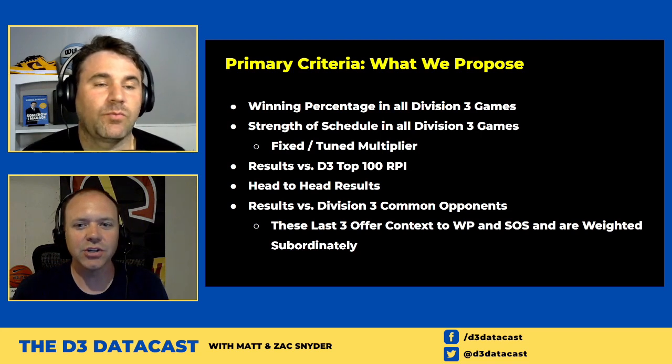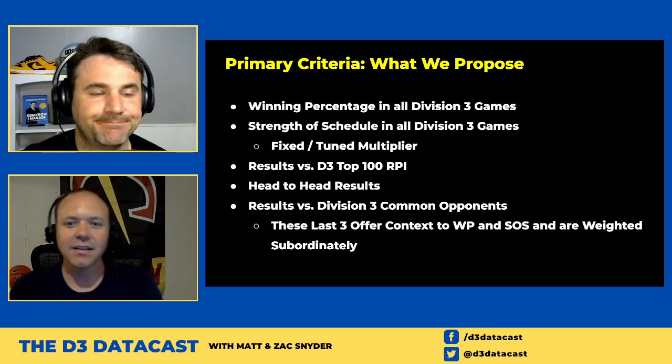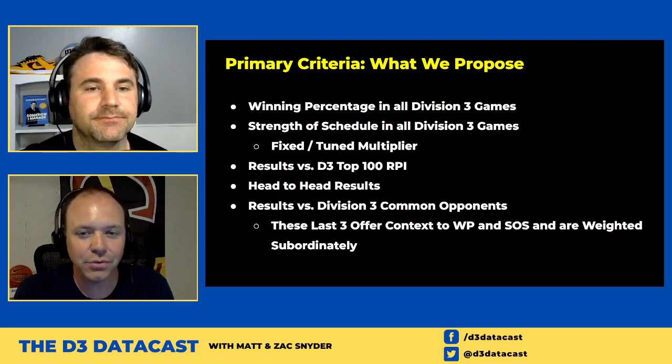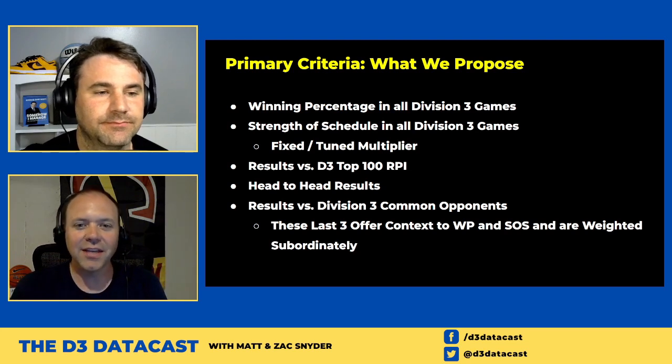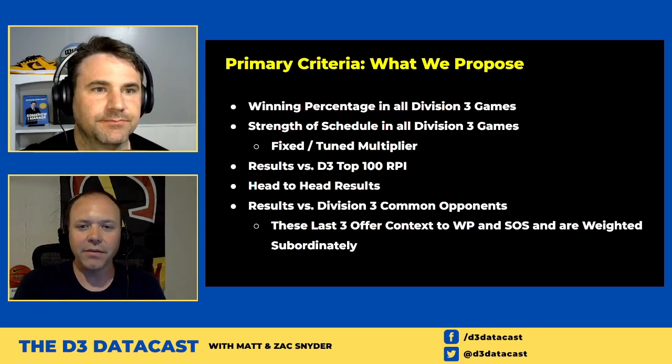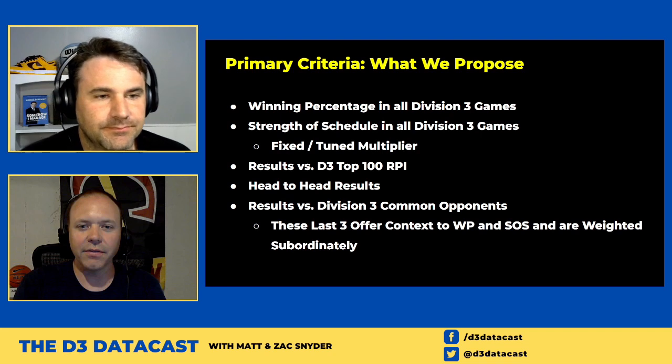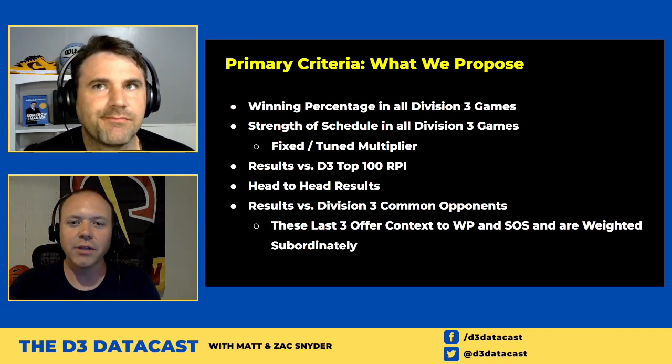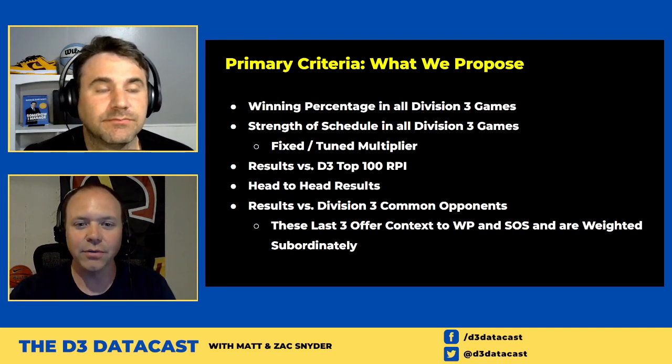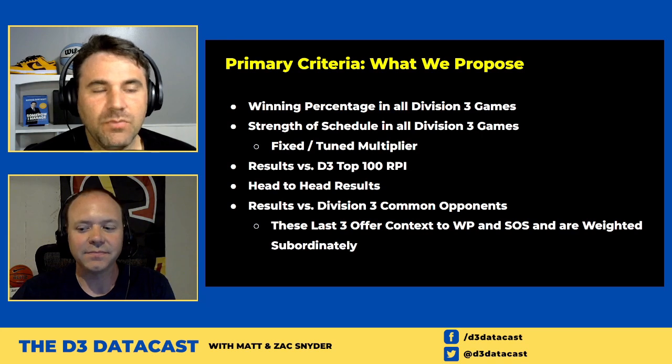At some point, is a winning percentage too low to be considered? At some point, is a strength of schedule too low to be considered? Do you think that there should be those minimum thresholds of a winning percentage and strength of schedule to be met before moving on to a more full picture and to qualify to be ranked?